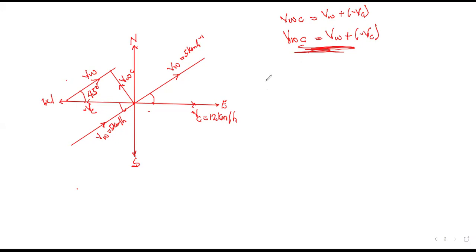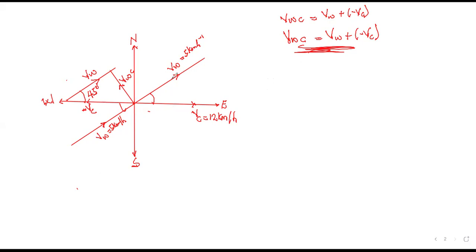Godfrey, are you okay? Yes, sir. So this is why we are negating it. After negating the velocity of the cyclist, you must look at the direction. Negative VC is here, positive VW is here. You must realign their direction as we've been doing in vectors.